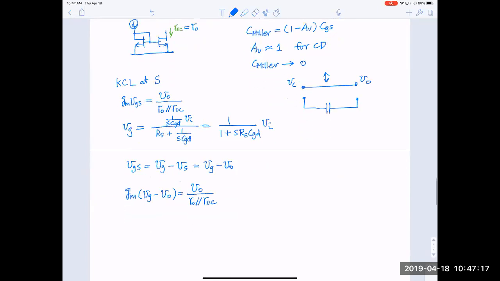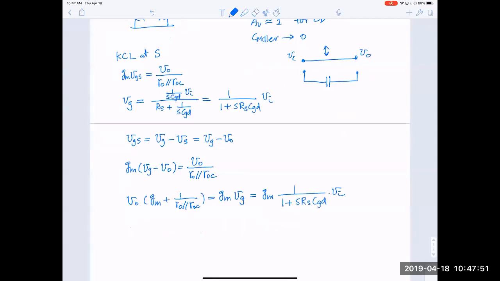So we need to move VO to the other side. VO times gm plus 1 over RO parallel ROC should be equal to gm times VG. And we substitute VG in. This is equal to gm times this low pass response, 1 over 1 plus s RS CGD, times VI.